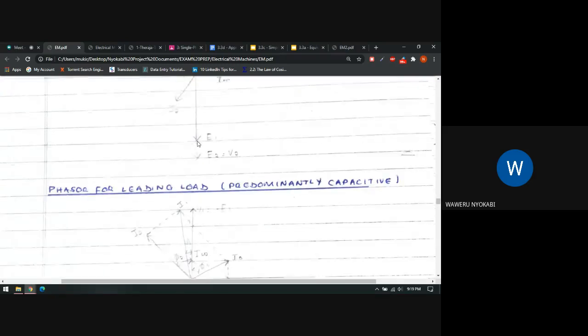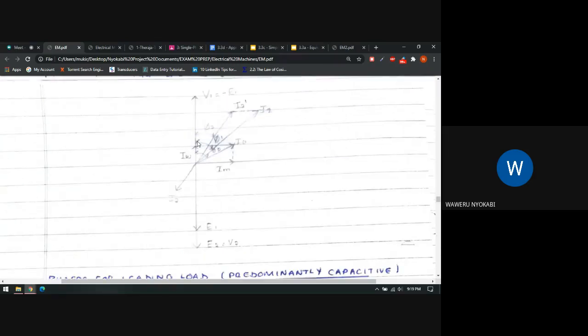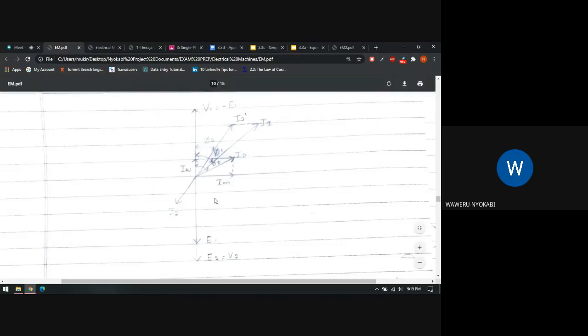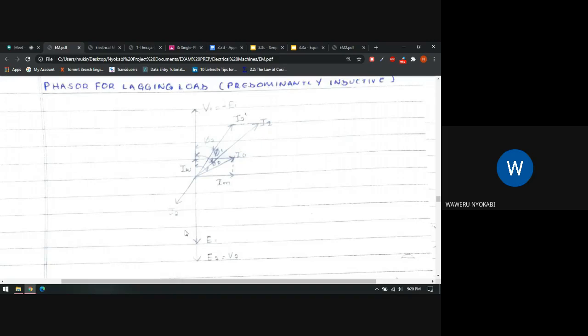So the lagging load is an inductive load. So this is the phase diagram. We need knowledge of this phase diagram, and basically this knowledge will help in all the other phase diagrams. In the original phase diagram for the ideal transformer, I will start with that as a basis.